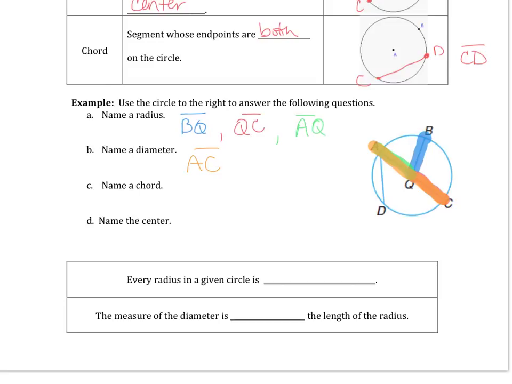All right, and then a chord here. I'll pick another color to highlight. Let's do this light pink color here. I'll change it so it's not so thick. Naming a chord this time, my chord is going to go from the side of the circle to the other side of the circle. Again, not through the middle.